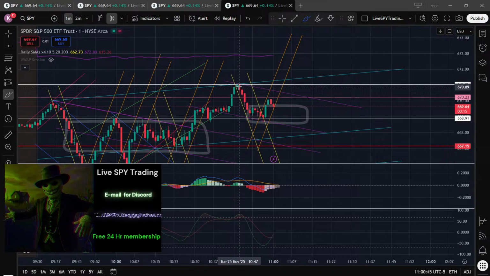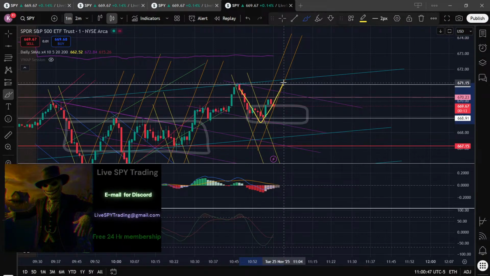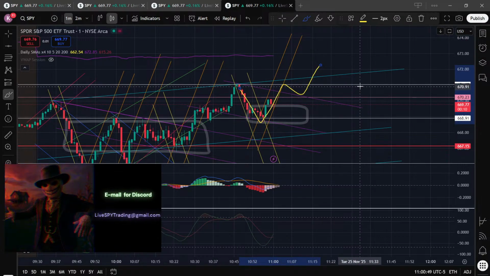Like this. That would be a good microstructure to play out for some more upside.